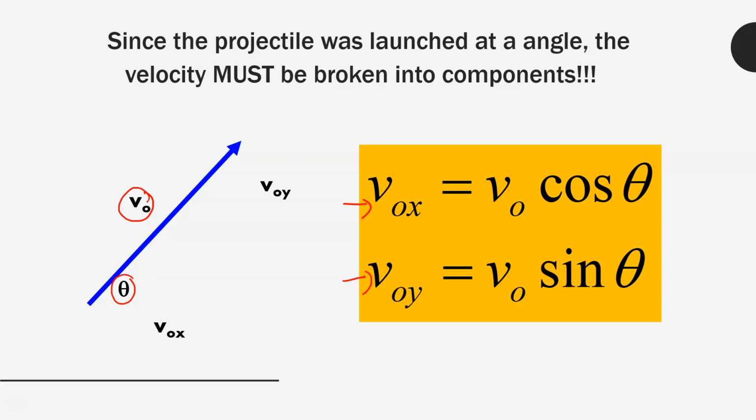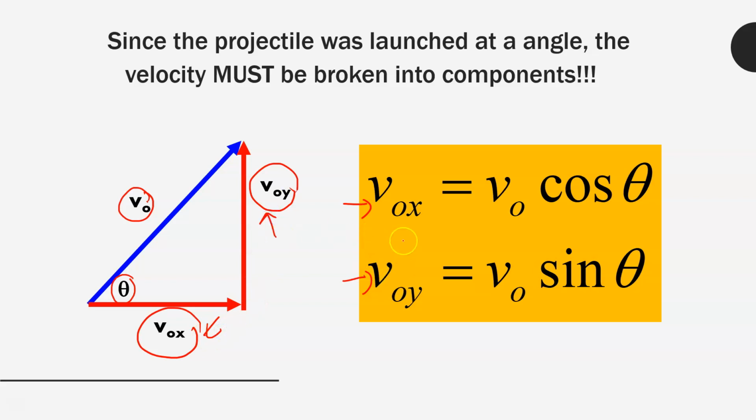This initial velocity can be separated into two parts. The first one is the x component, which we denote as v0x, and the y component, which we denote as v0y. To find these, we use the rules of cosine and sine, and we will get these values.